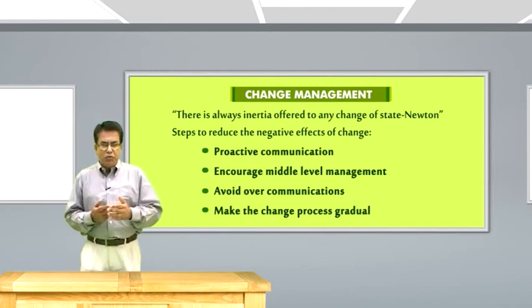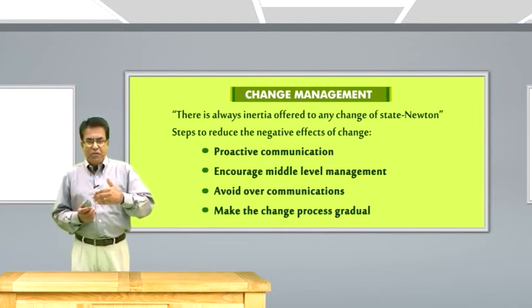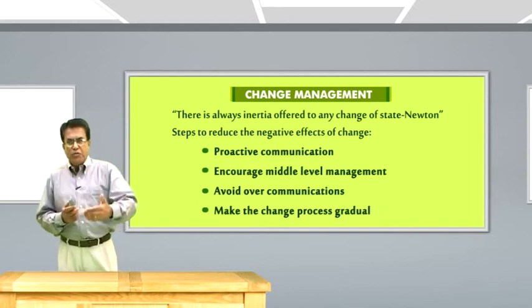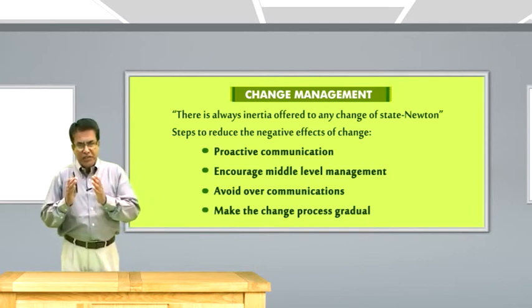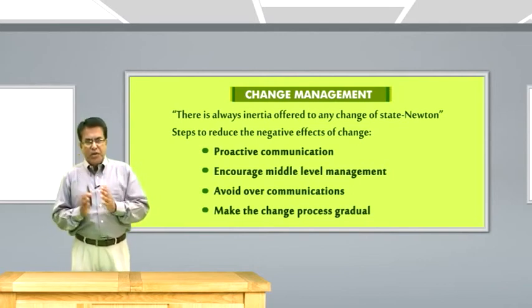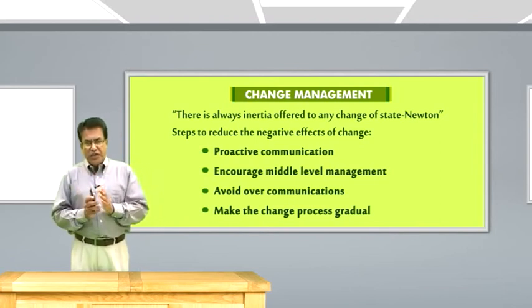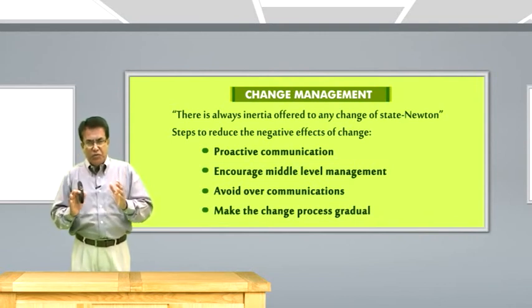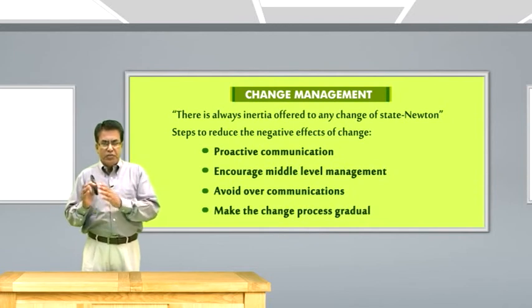At the same time, one caution: a good manager has to be a good communicator, but it should not be over-communicating. You should only communicate optimally, and particularly avoid grapevine communication and avoid rumors. Grapevine communication is a great source of diffusing rumors, and it is a very informal way of communication. It does more harm than good.